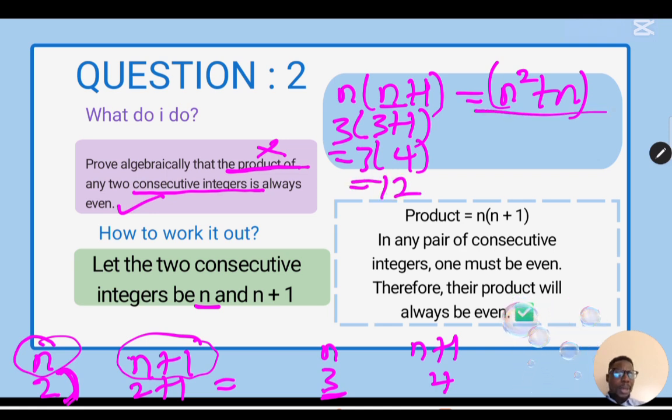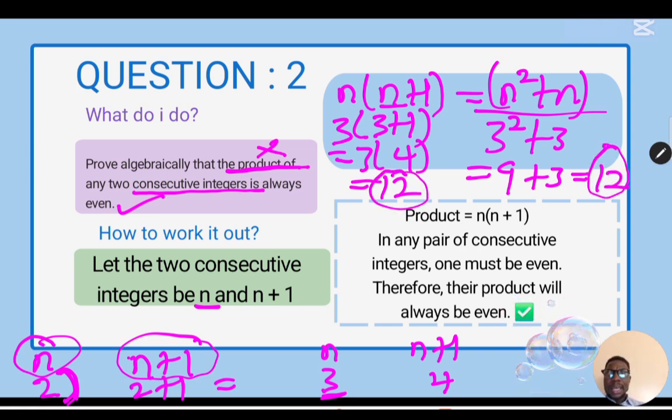The same thing happens with n squared plus n: 3 squared plus 3 is 9 plus 3, which is also 12. So the 12 we got is even. Therefore, we have been able to prove this statement.